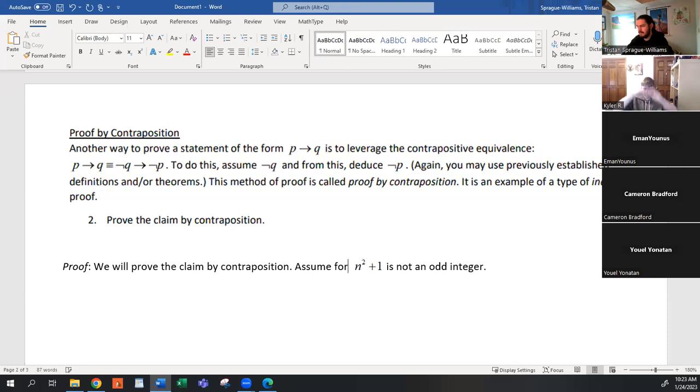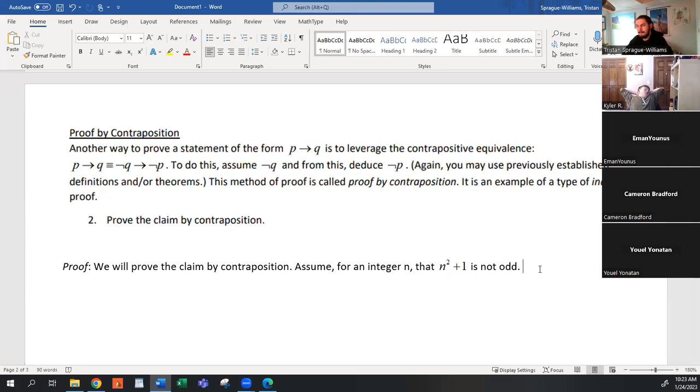So I'm going to include a little bit here. Assume for an integer n that n squared plus 1 is not odd, I guess. We could say not an odd integer, but that seems a little redundant. But it's not odd. Okay.